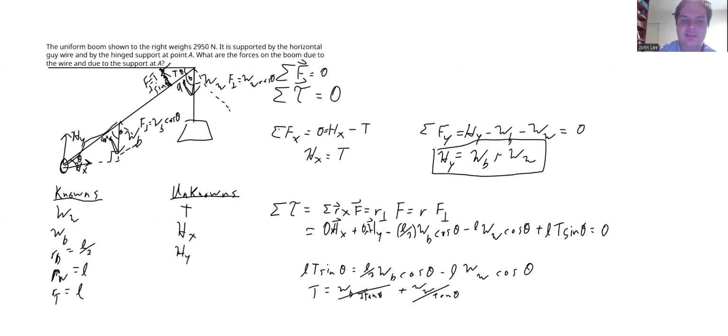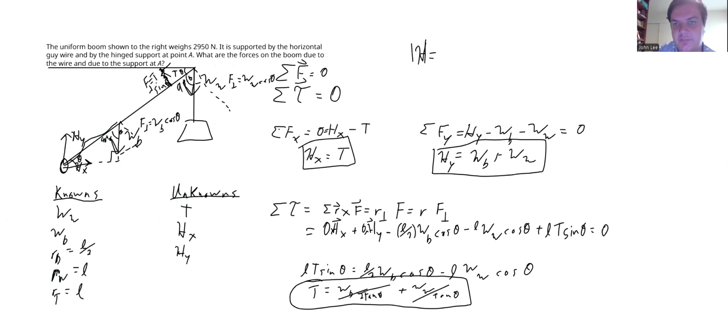You can then use that to solve for Hx and use the fact that the magnitude of H is equal to the square root of Hy squared plus Hx squared to solve for the magnitude of H, which is what it asked for in the second part of the problem.